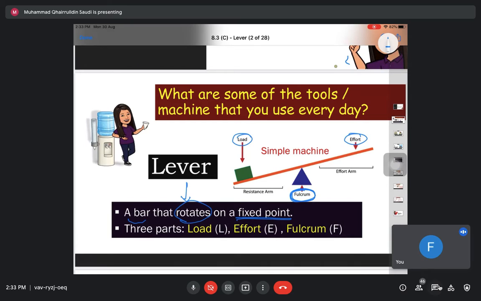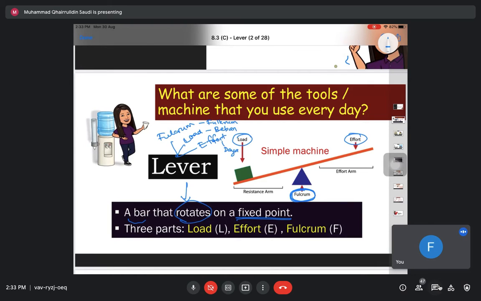You just have to know that in a lever we have 3 parts: fulcrum, load, and effort. In Malay, load is beban, while effort is daya.